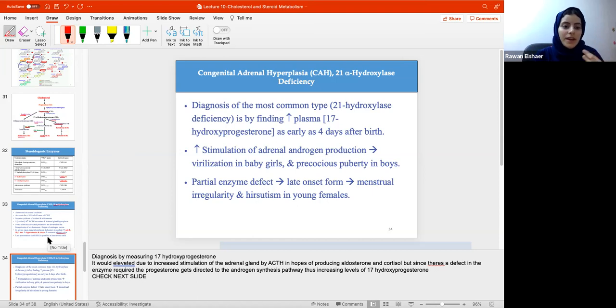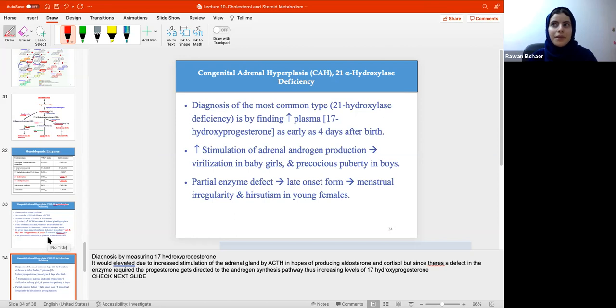The female babies have masculinization of the external genitalia. The males will have early virilization. In the non-classic form, usually it's a female that presents with menstrual irregularities and hirsutism, which is male pattern hair growth.